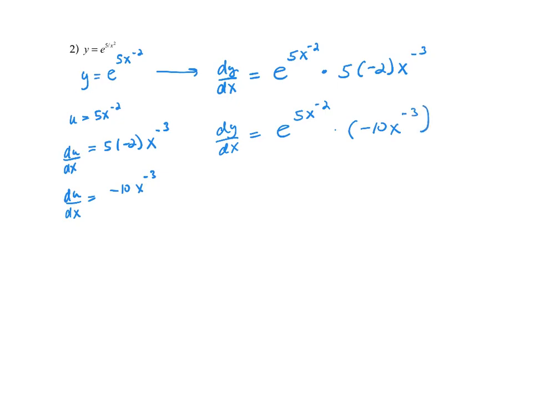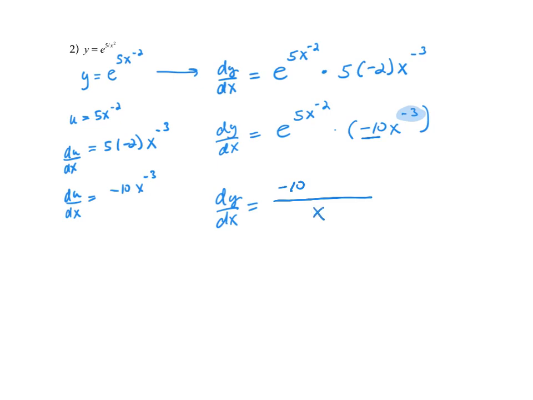So we have a few things to clean up here. We're going to leave it dy over dx. Of course, you can have the dx on the other side. This negative exponent right here is going to cause the x to the third to go in the denominator of our fraction. The negative 10 is our coefficient, so put that negative 10 out in front.